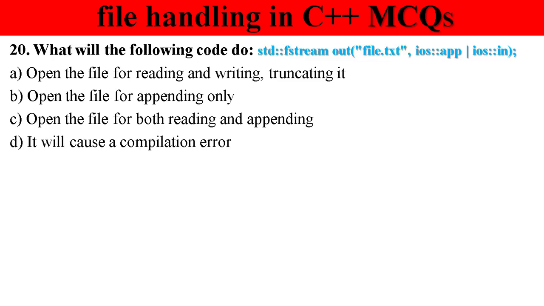Question number 20. What will the following code do? A. Open the file for reading and writing truncated. B. Open the file for appending only. C. Open the file for both reading and appending. D. It will cause a compilation error.